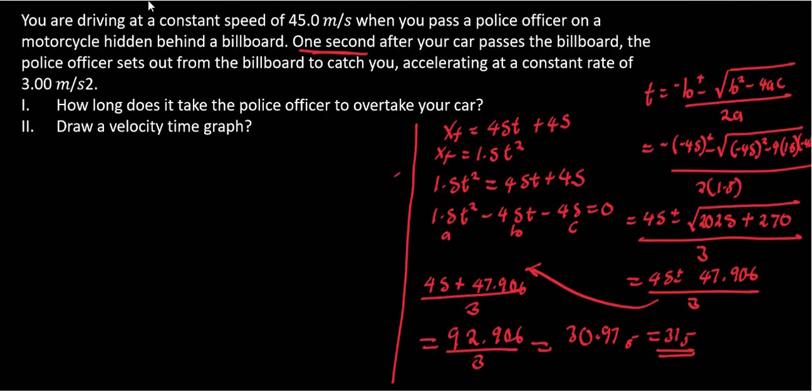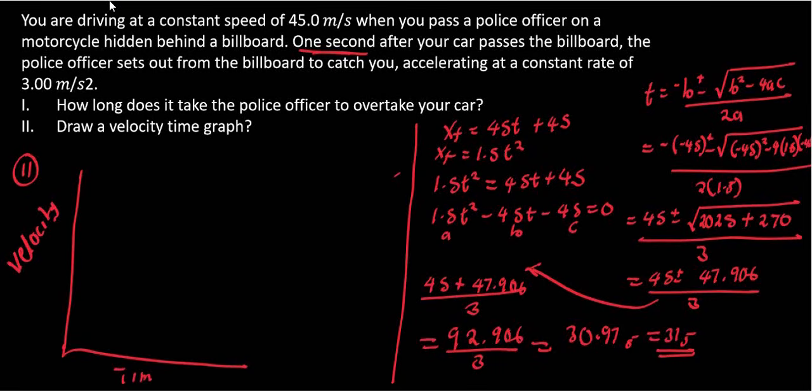Now let's look at question 2, the drawing part. So this is the velocity, and this part is the time. Remember that your car is moving at constant speed, which is 45, right? And the time is 31.